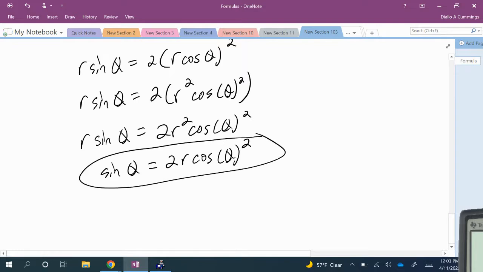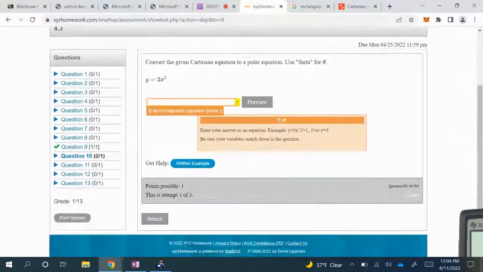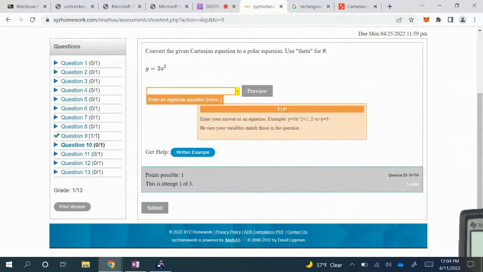For whatever reason, when I worked this out the first time, there was a cube there. But problem number 10 is a little bit different, and this is actually what it wants as the final answer. But I'm going to make sure on the test that your polar equation is solved for r. Let me just double check that because it did change up the problem.